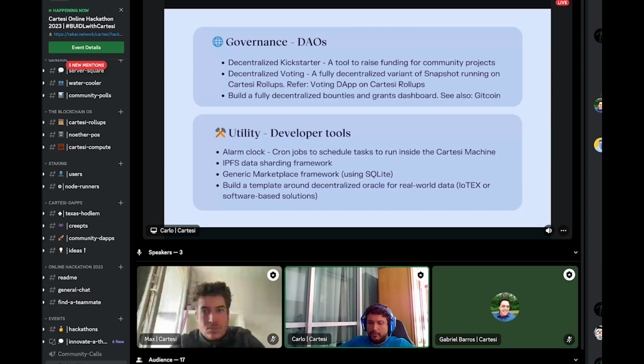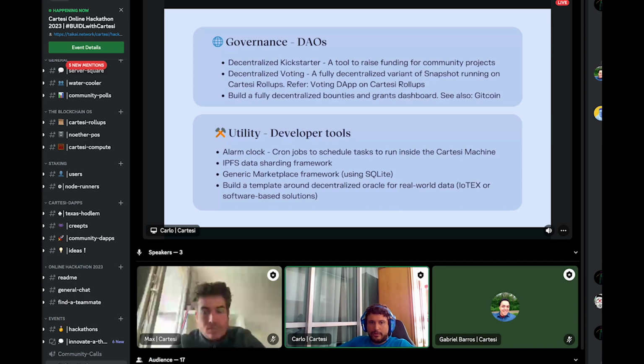You can really do much more expressive DAO voting using Cartesi. You can do things like Git only in a decentralized fashion. So yeah, once again, your imagination is the limit.